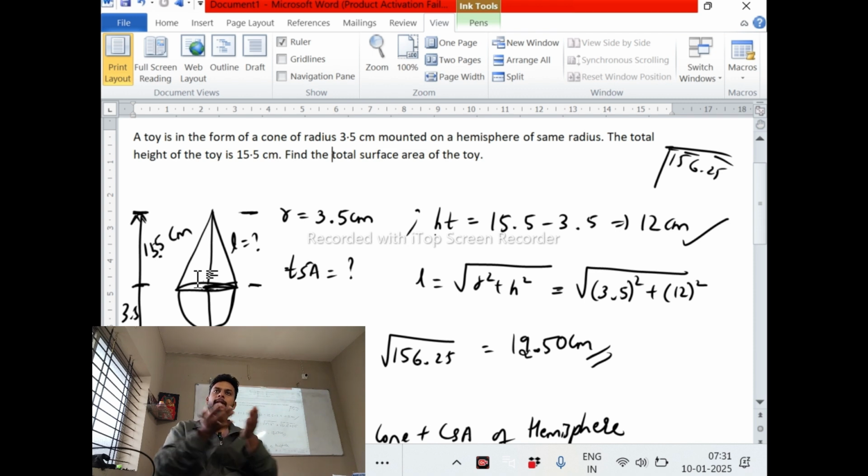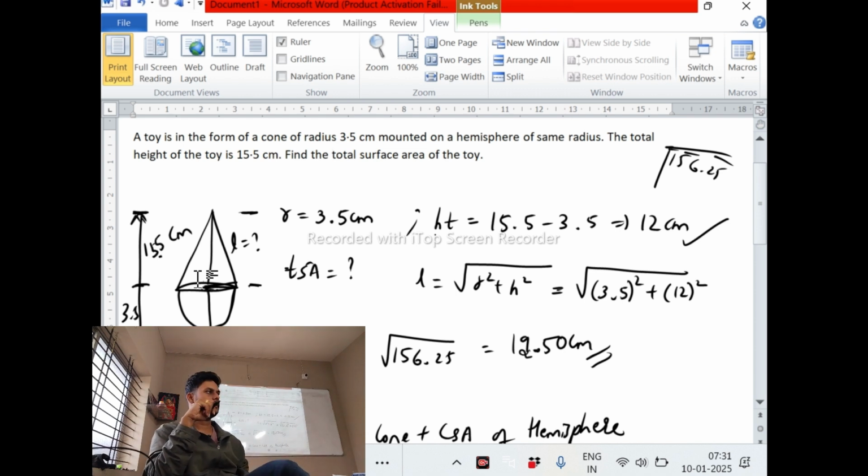If they ask total surface area of a cone, then I should consider the whole thing, this circle will also come, and that time I use the TSA formula. If they ask you for the full toy, then you should go with CSA. They have done it to confuse you. Some people think, since they give total surface area, and apply the TSA formula, it's gone. Wrong.